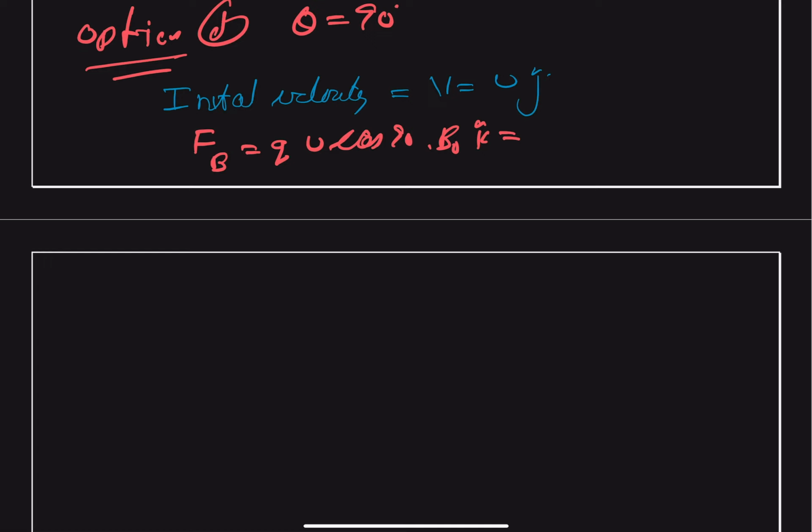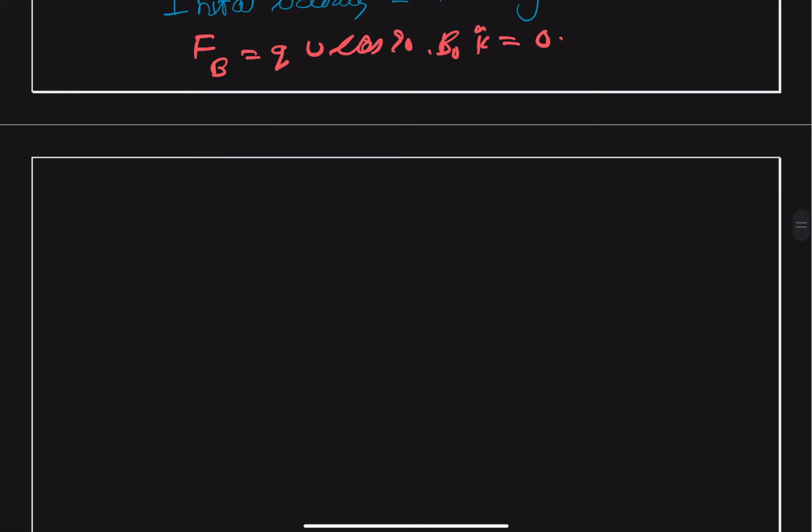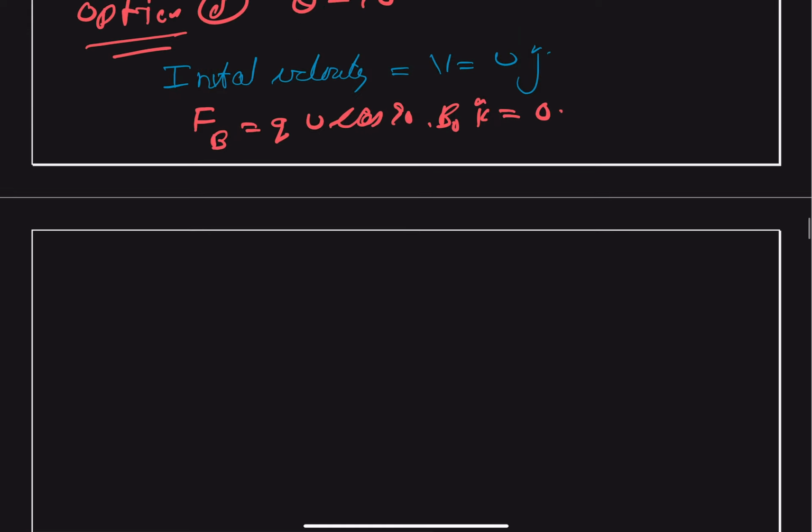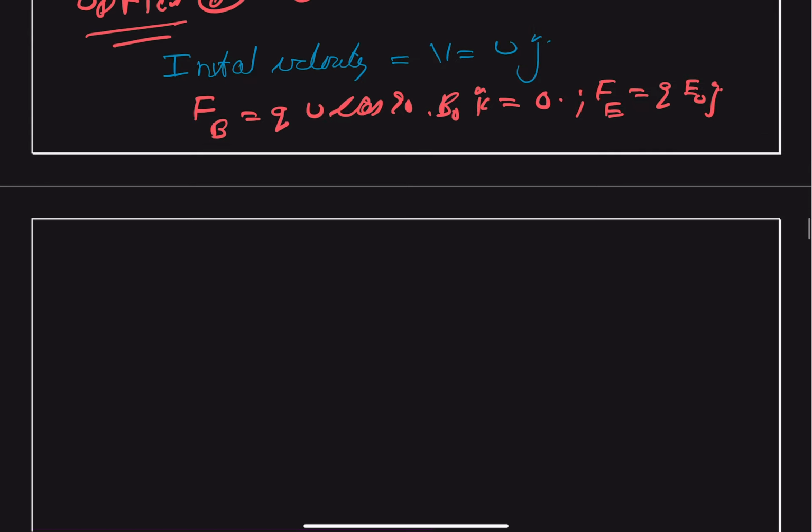Cos 90 is 0, so this will be 0, and electric field doesn't have anything dependent upon the theta, so I can say my electric force will be same, that is Q E naught J unit vector. Now the initial velocity is along J, and the only force that will be acting on it is because of the electric force. Magnetic force will be equal to 0.